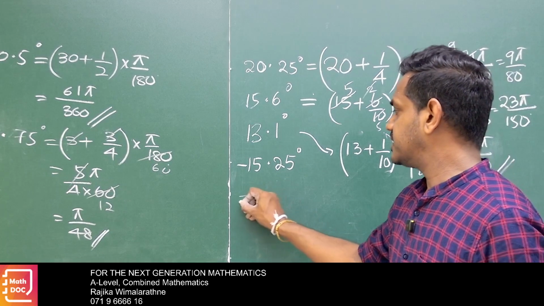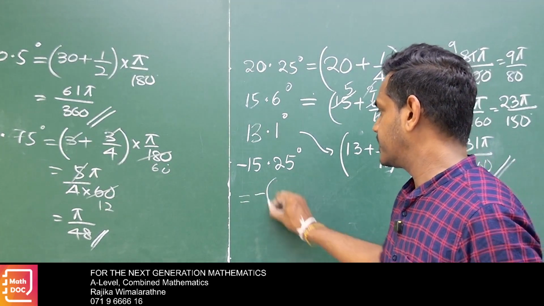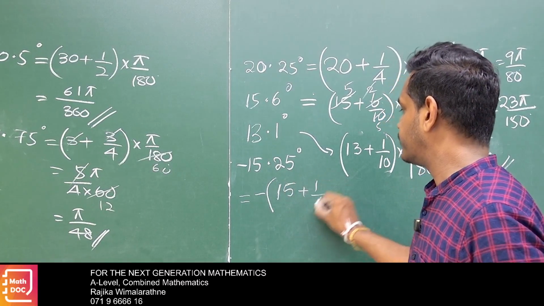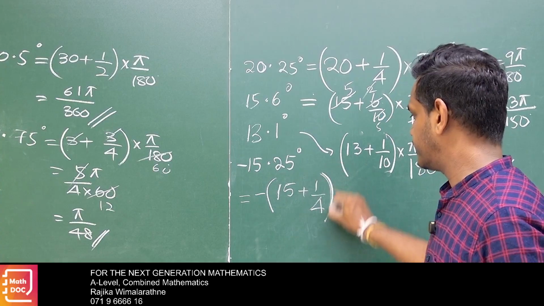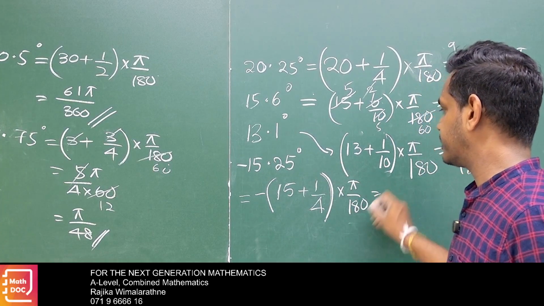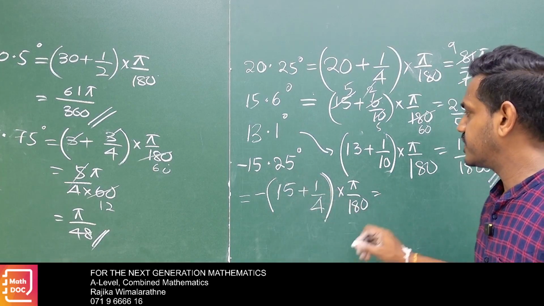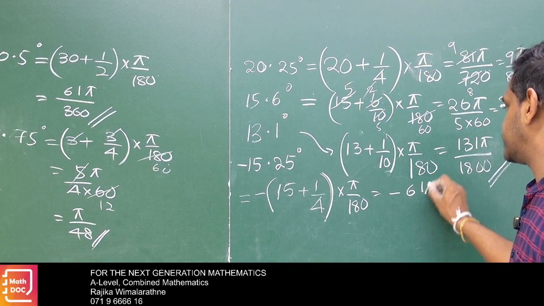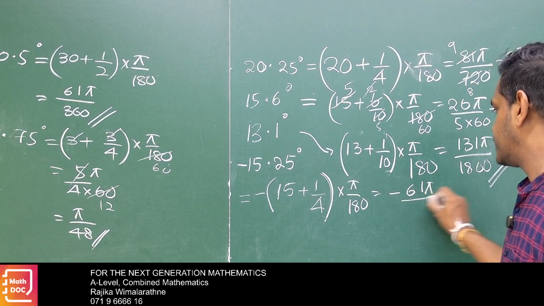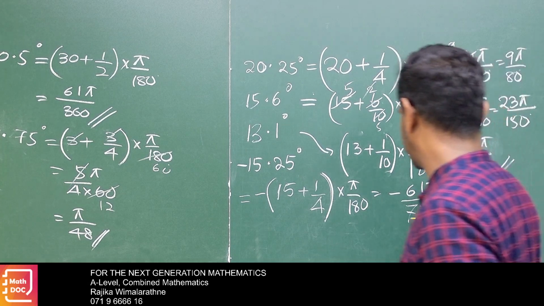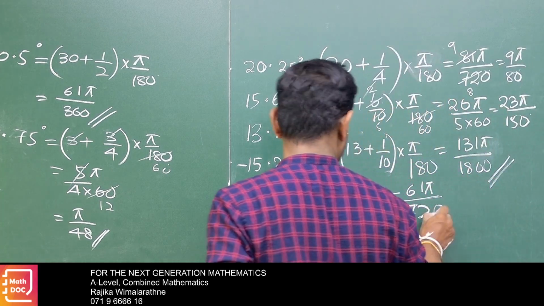Then here minus 15 plus 1/4 pi divided by 180 minus 61 pi divided by 720. No?